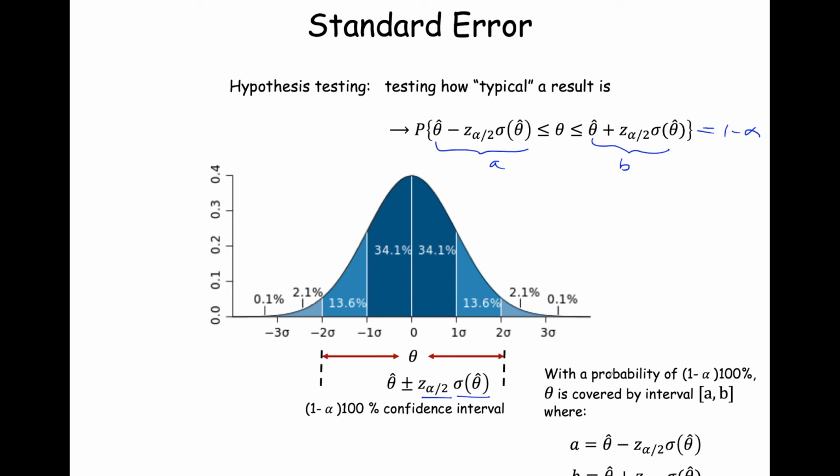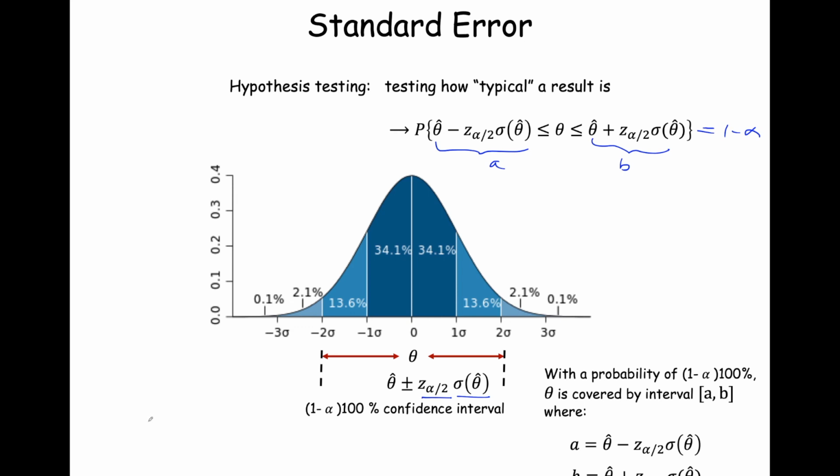So we take a single value of our estimator theta hat, and we subtract off the alpha over 2 quantile, i.e. the z-score for that particular confidence interval, times the standard error of our estimator. So now we have an expression that we can use to calculate what our confidence interval AB values are.